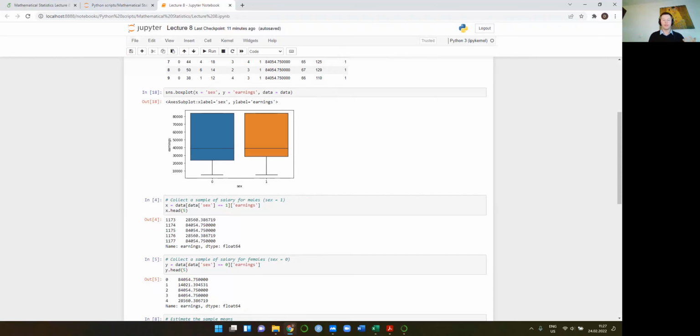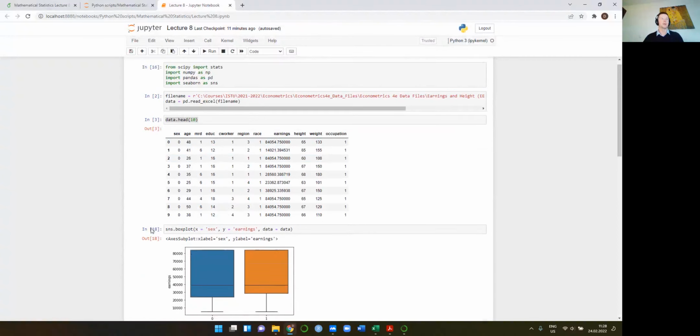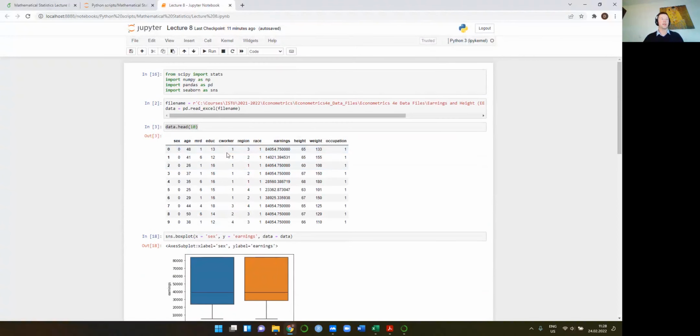Please keep in mind, and we will be discussing this in statistics and in econometrics, that maybe there are two different samples, maybe by chance. That's why in the data we also have variables like occupation, so where exactly this person works, race, and region, because maybe this difference comes not from gender but from the occupation of these people.